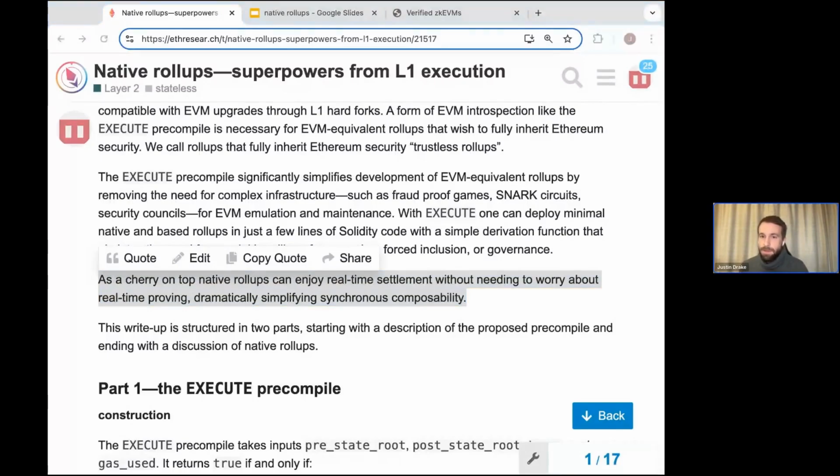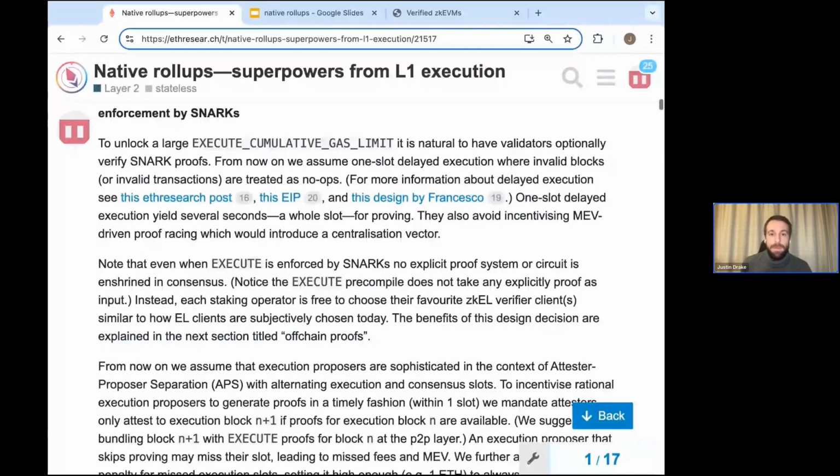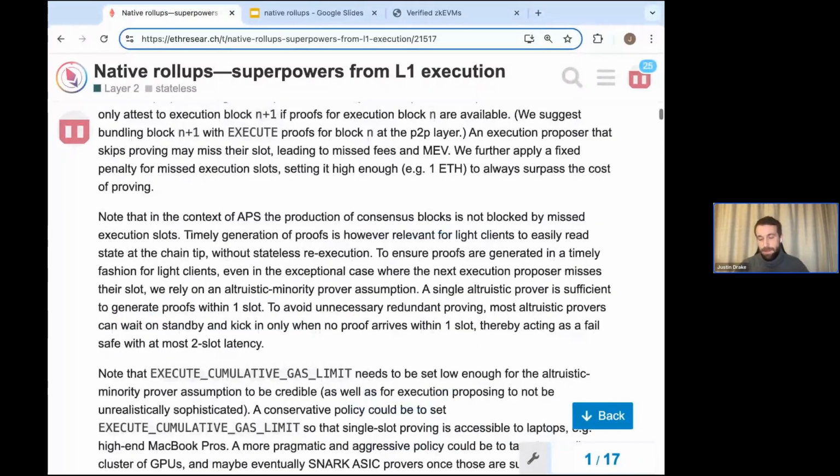Okay, I think I've addressed all of the questions so far. Now, if you are in the business of building ZKVMs or ZKEVMs, or if you're in the business of trying to accelerate provers, one of the goals that I would encourage you to try and reach is this notion of next-slot real-time proving, where the proof latency is under 12 seconds.